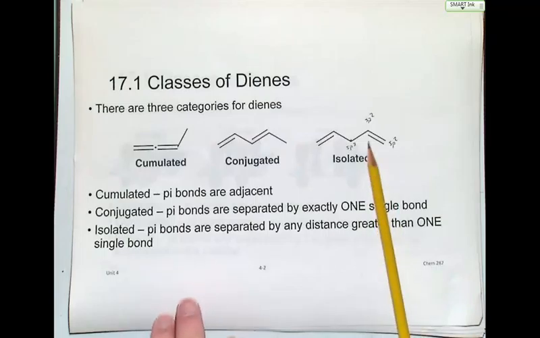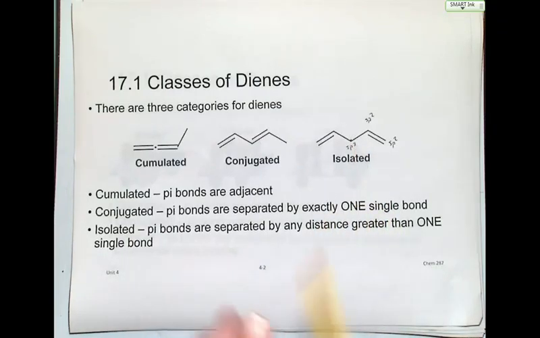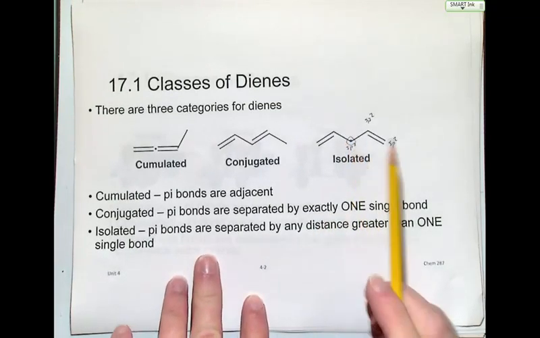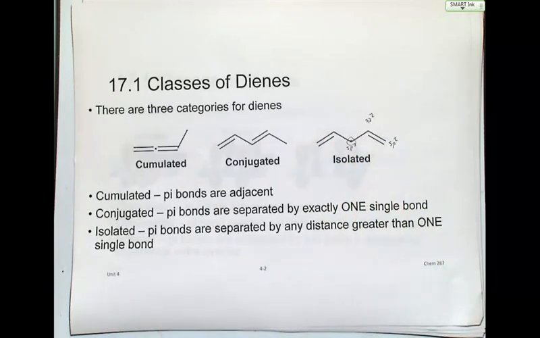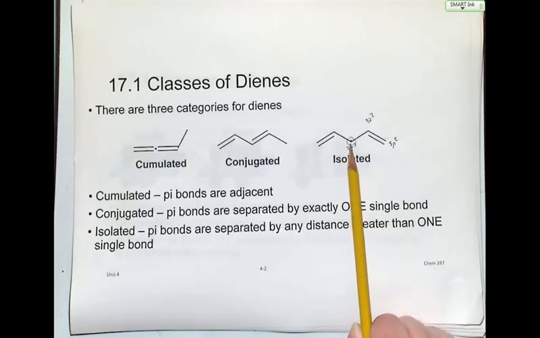So why is that an interruption? Why does that interrupt these two bonds? Why are they isolated from each other? There's no ability for electrons to resonate through here because we don't have an unhybridized p orbital.